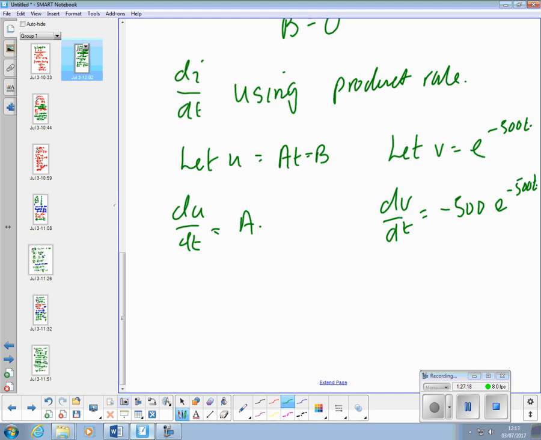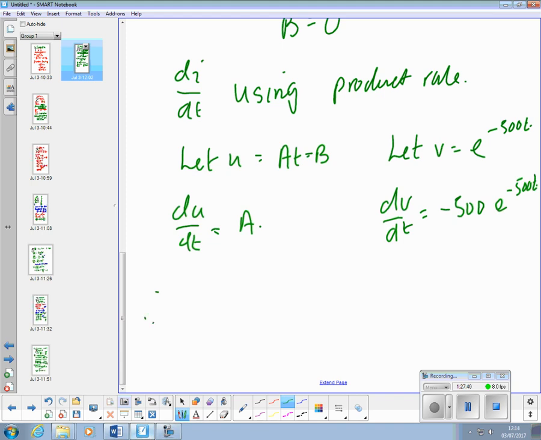If you look in your table of formulae for differential calculus, product rule is that dy by dx is u times dv by dx plus v times du by dx.